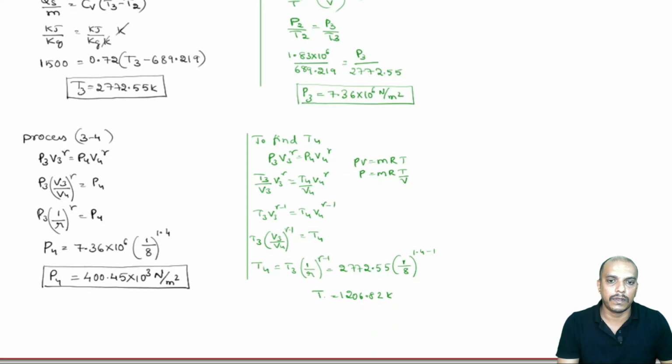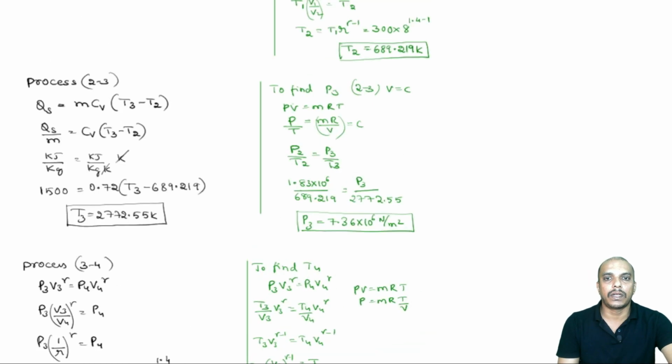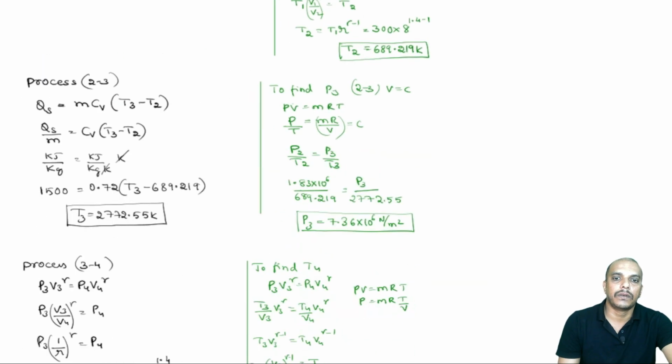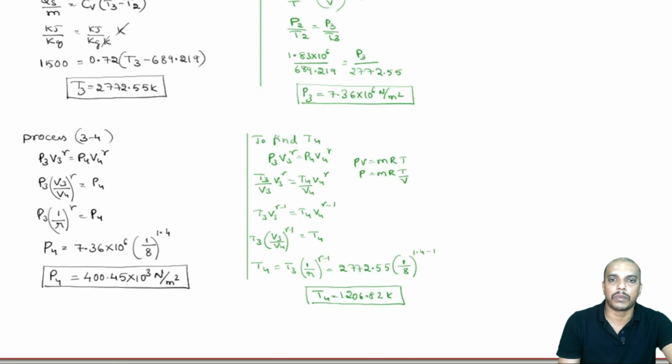The whole idea of solving this problem is, do we know how to calculate pressure, temperature and volume at each salient point? That is what we have done so far, using the relationship between each process to find pressure and temperature.